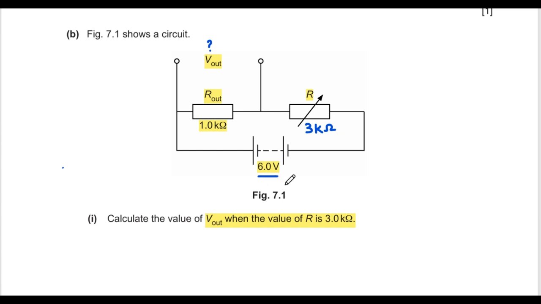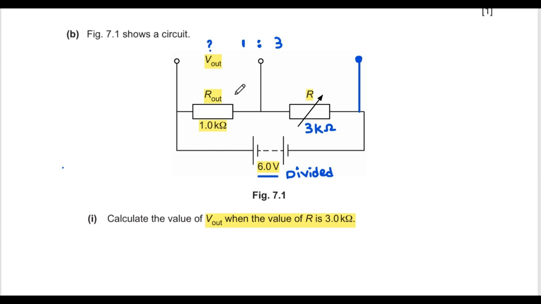A potential divider will split or divide our total voltage into a certain ratio. In our case, the ratio is 1 to 3 because our resistors are 1 kilo ohm and 3 kilo ohm. So our total voltage is going to split 1:3.